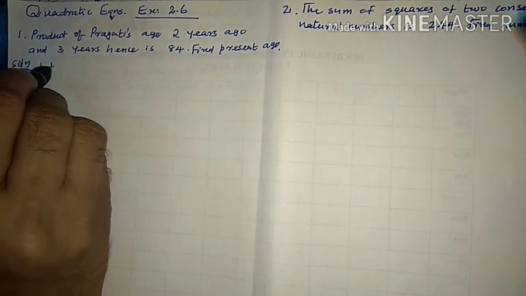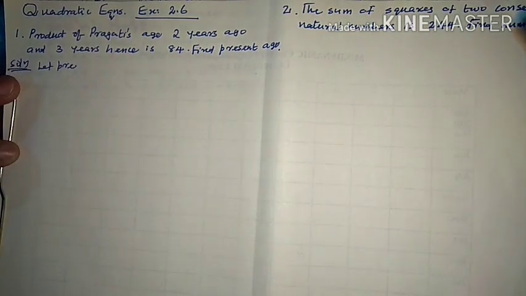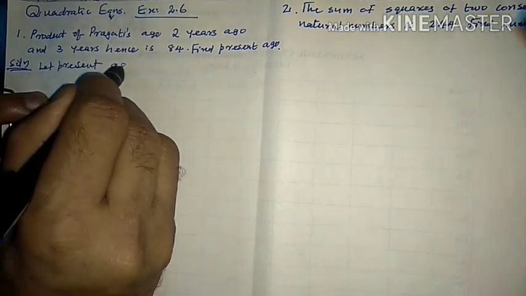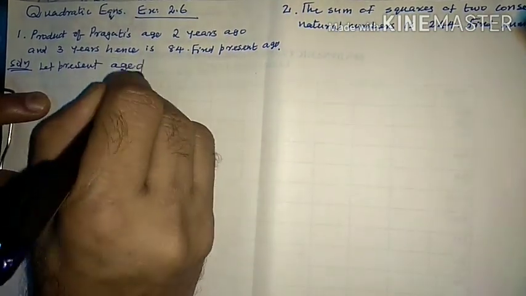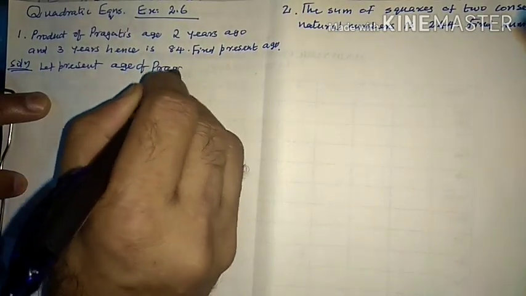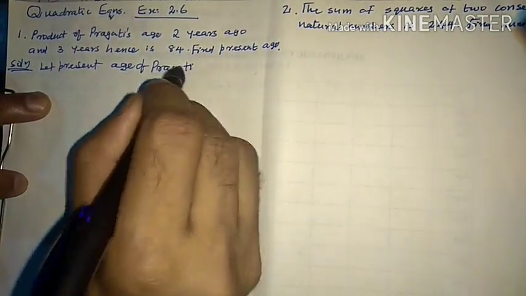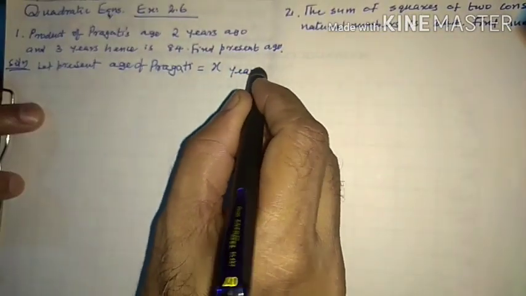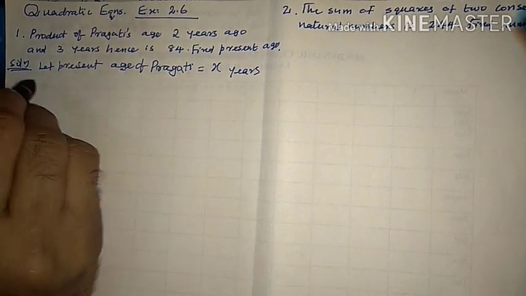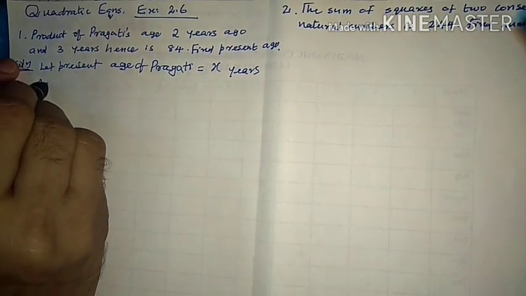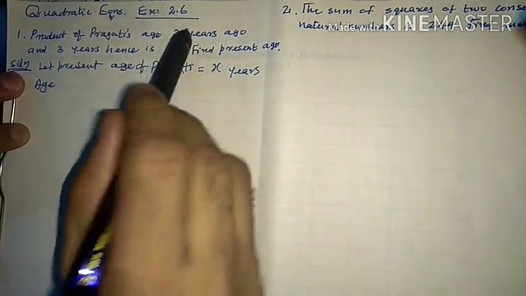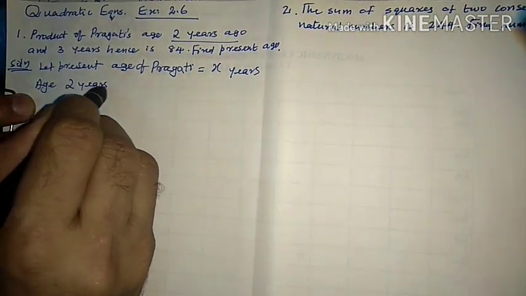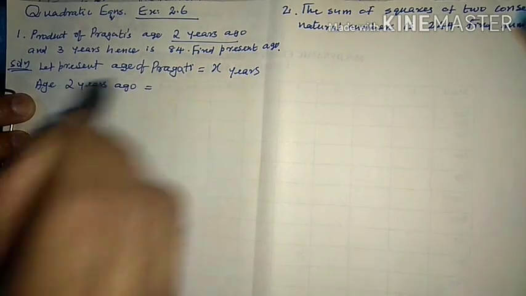Let the present age of Pragati be x years. Now, age 2 years ago.